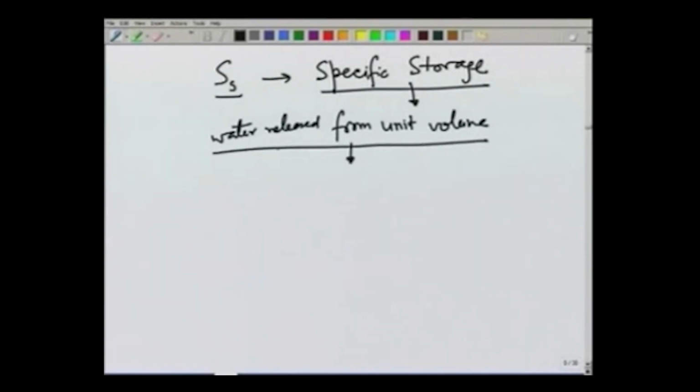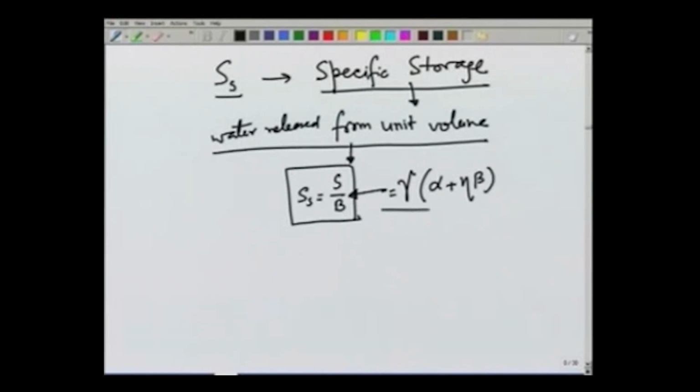So, if we compare it with the definition of the storage coefficient, if we divide S by B, we would get SS, because S was the volume released from the entire thickness B, and therefore, if we take unit volume, the amount of water released will be given by S over B, and then we can write this also in terms of the compressibilities and the porosity as gamma alpha plus eta beta.